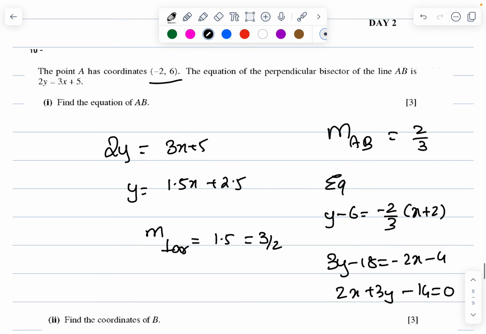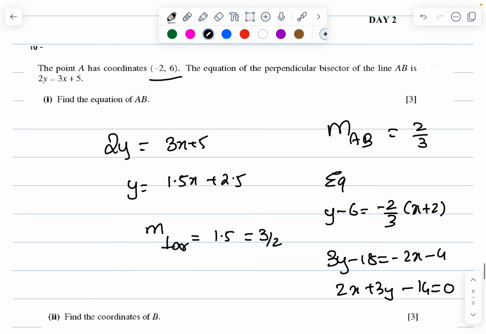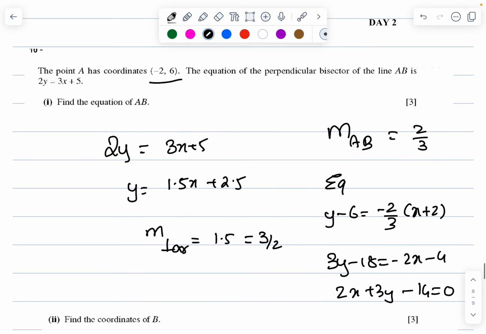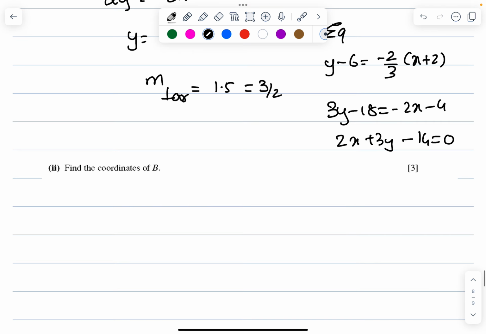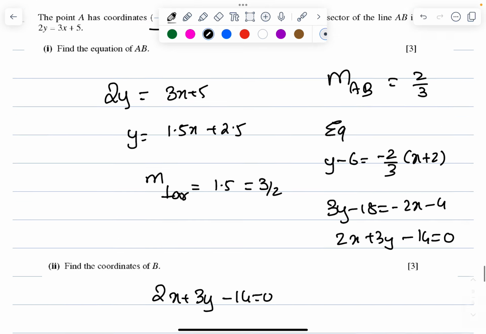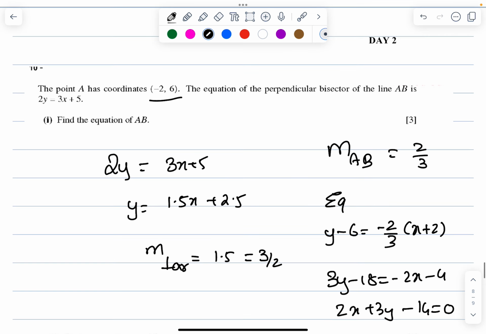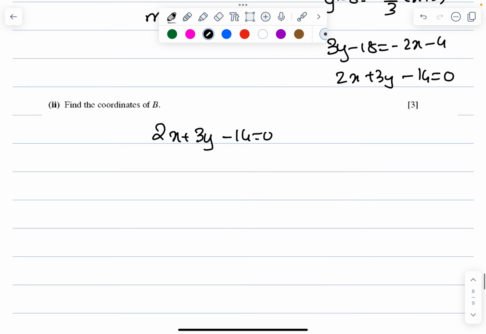Now the equation of the line AB was 2x plus 3y minus 14 equals to 0. Equation of the perpendicular bisector is 3x minus 2y plus 5 equals to 0.